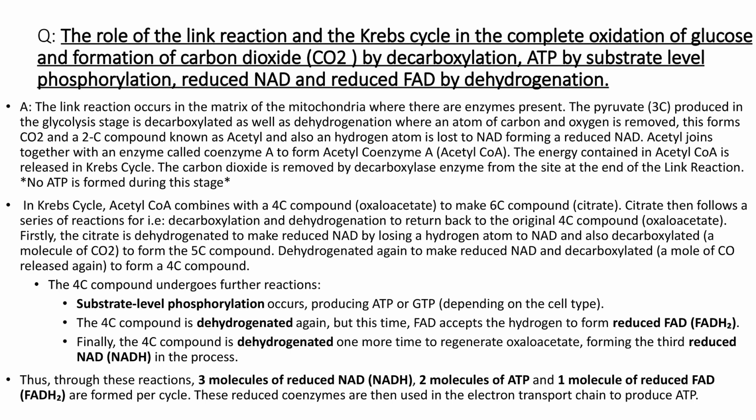So, as a result, in total, considering the two reactions, 3 molecules of reduced NAD in one step and 3 molecules of reduced NAD in another step gives us 6 molecules of reduced NAD and 4 molecules of ATP as well as 2 molecules of reduced FAD, or FADH2.